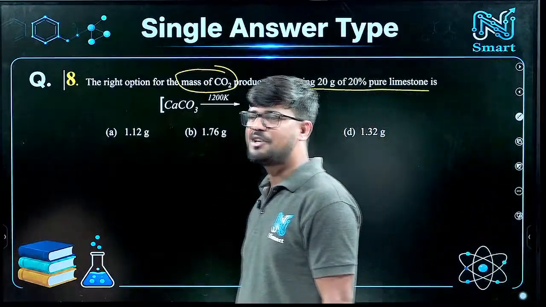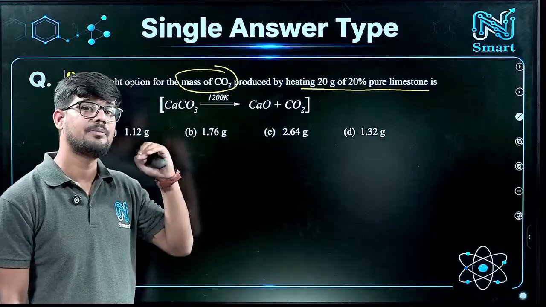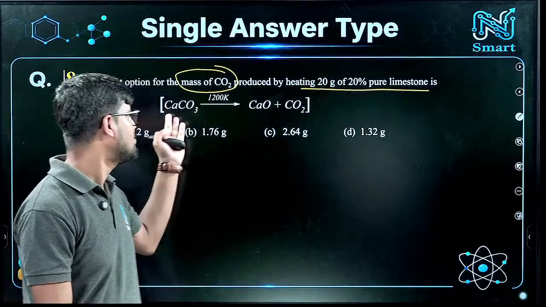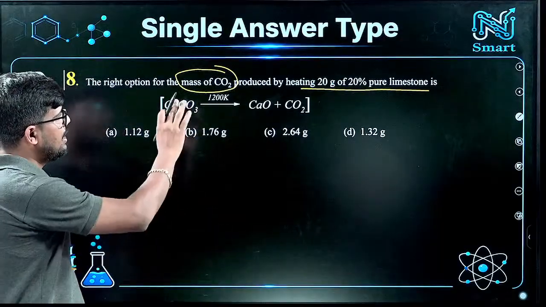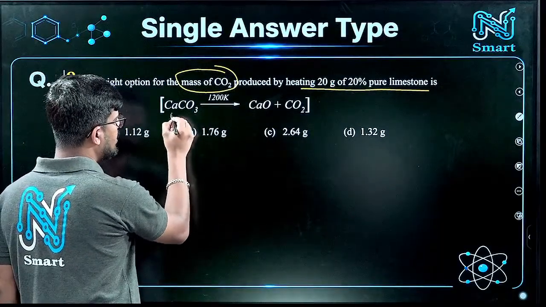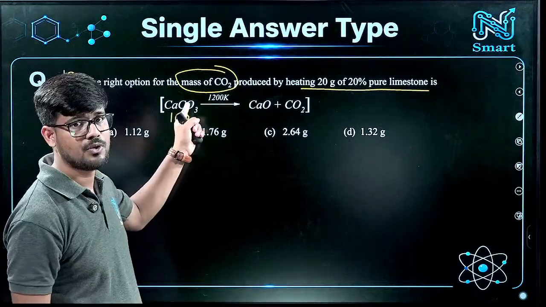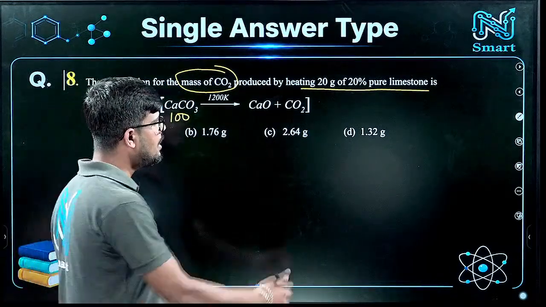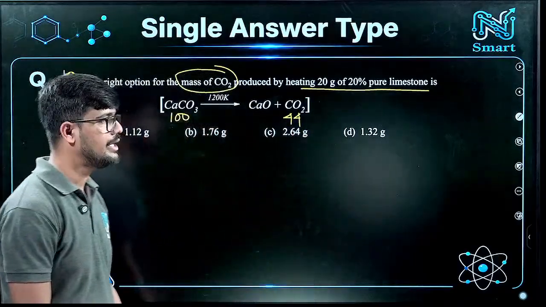Especially in the NEET exam, sometimes they give the chemical reaction, but sometimes they may not. So remember CaCO3 gives CaO plus CO2. This is the reaction. The molecular weight of calcium carbonate is 100, calcium 40, carbon 12, oxygen 16, and carbon dioxide molecular weight is 44, correct?